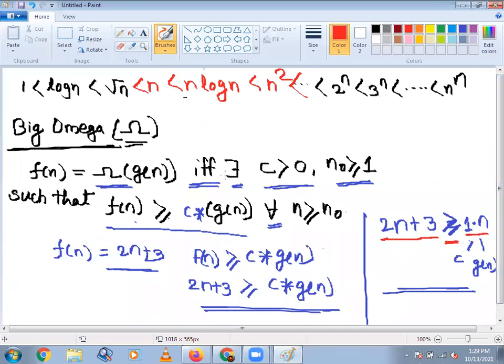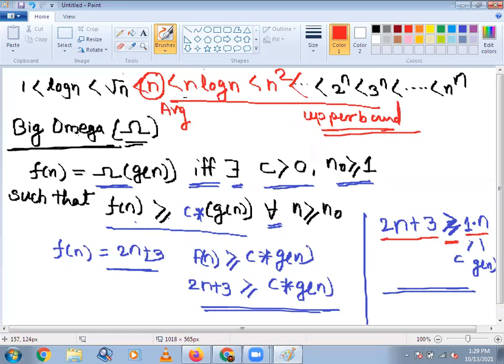So here n acts as average, and from this point towards right, it acts as upper bound. And from this point towards left, it acts as lower bound.